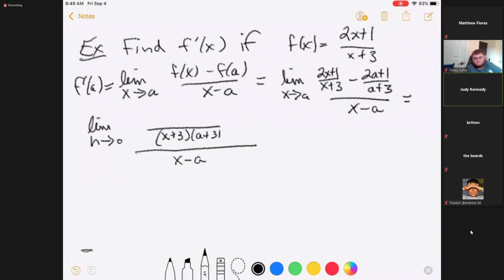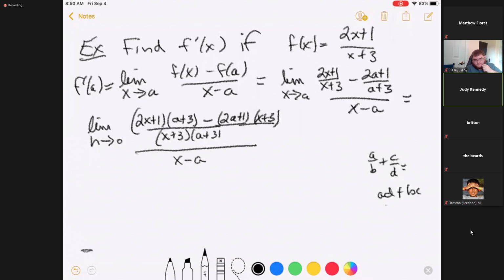And the numerator, okay, using a over b plus c over d is equal to AD plus BC over BD.